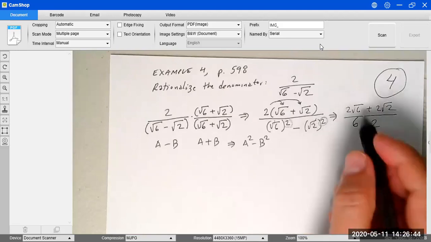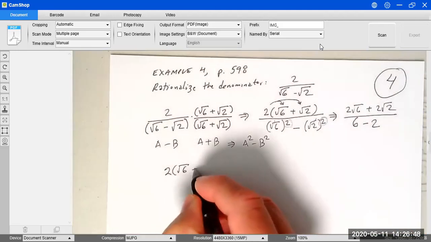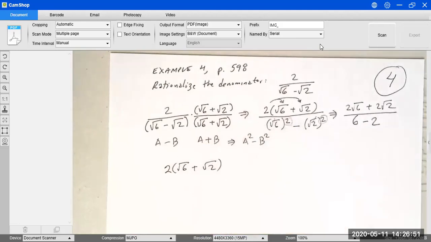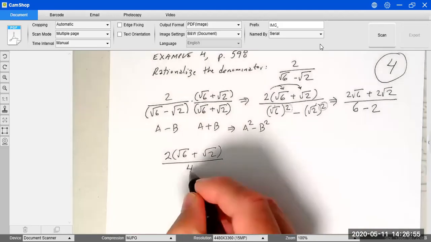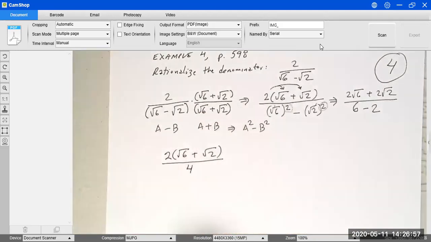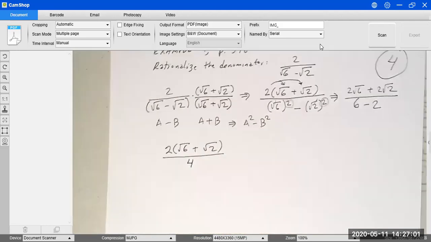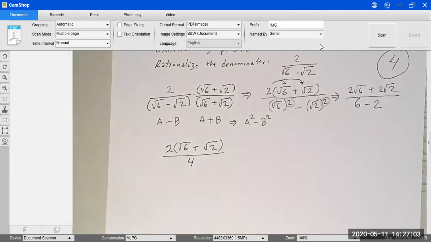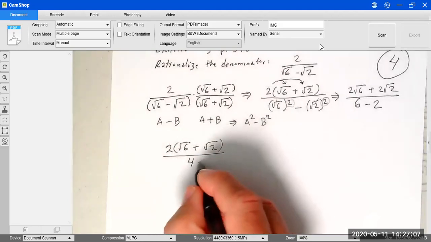So I'm going to go back and write here 2 times the square root of 6 plus square root of 2, because I'm getting a denominator that can be simplified with the coefficient. So I have 2 over 4. So what do you do in this case? You divide by 2 the numerator and you divide by 2 the denominator, right?